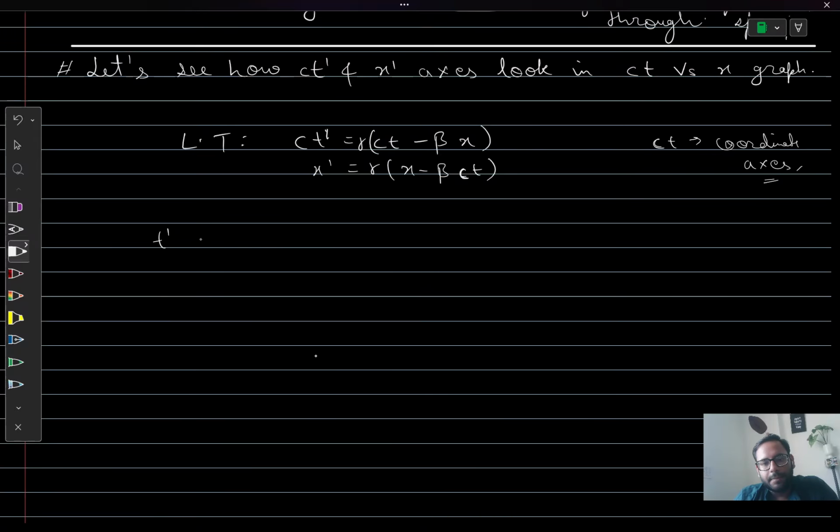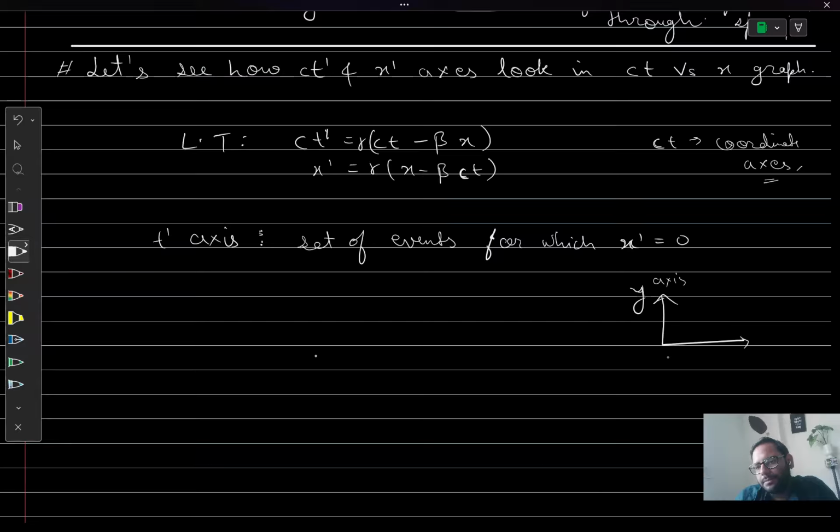So how do you draw the t prime axis? It is the set of events for which my x prime will be 0. You know this already: how do I draw my y axis?